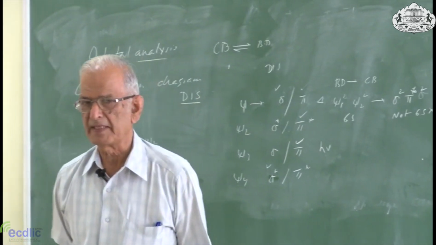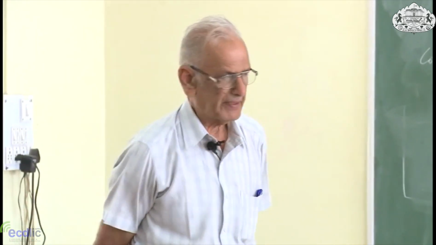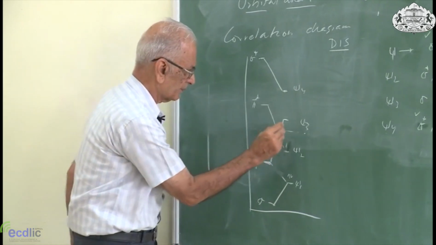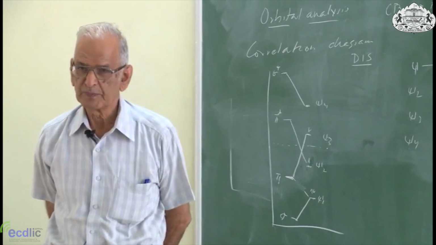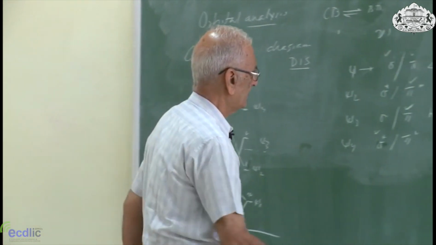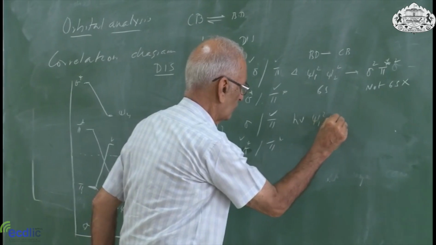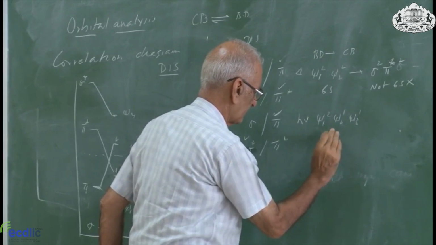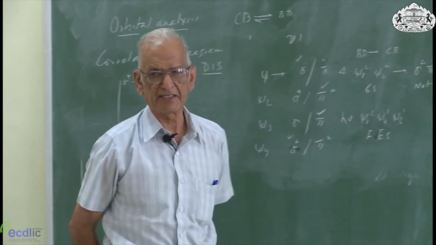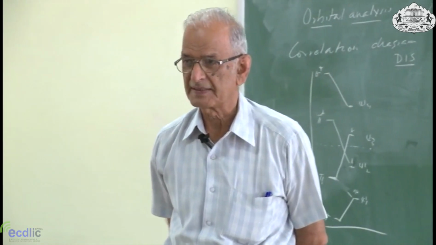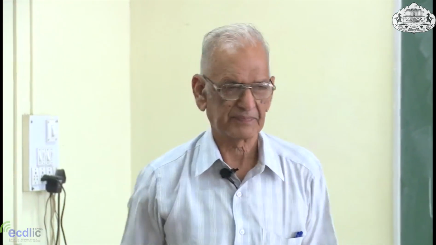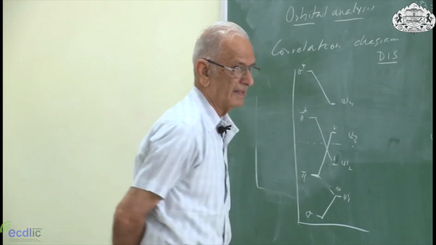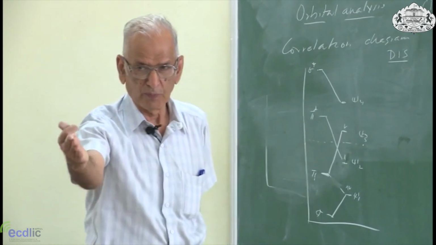Let us look at photochemical reaction. What happens in photochemical reaction? One electron from psi 2 goes into psi 3. Therefore, psi 1 2, psi 2 1, psi 3 1. What is this? First excited state. This is my own short form. Where are these electrons going to go?